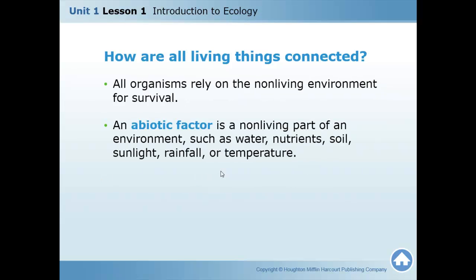And the other term, abiotic factor, is the non-living part of an environment such as water, nutrients, soil, sunlight, rainfall, or temperature. So the biotic factor includes the living organisms, but abiotic factor includes the non-living part in the environment.